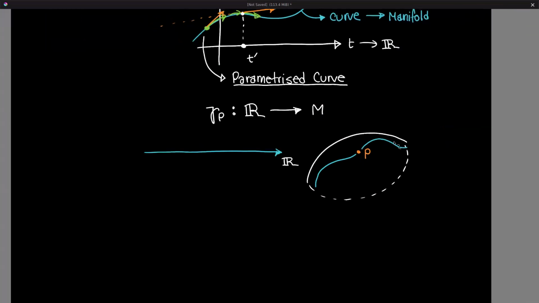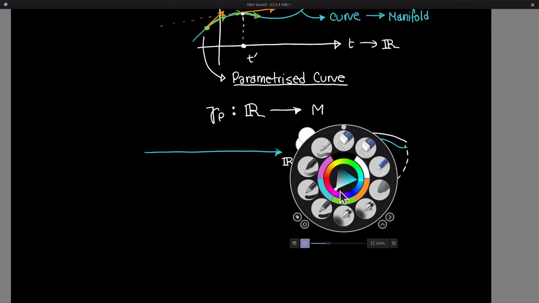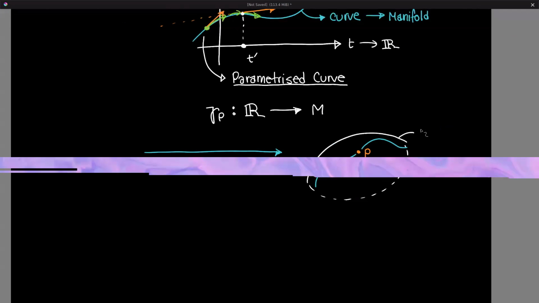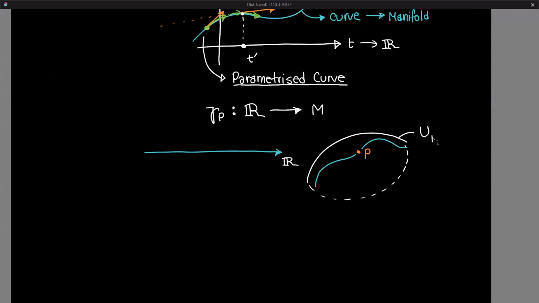But in general, in order to define something like a velocity vector, we don't need the curve to go off into infinity in both directions. So to make it more general and more applicable to more situations, we're just going to say that it's local to this. Let's say that this is U_P, which is a subset of M. This is an open set, and we need it only to be defined on this open set.